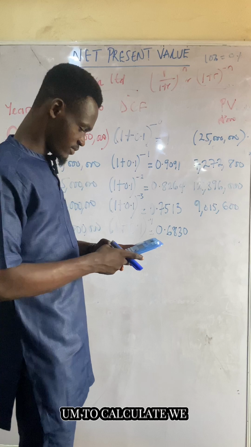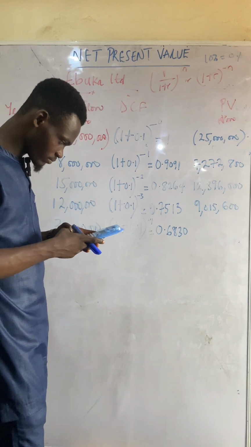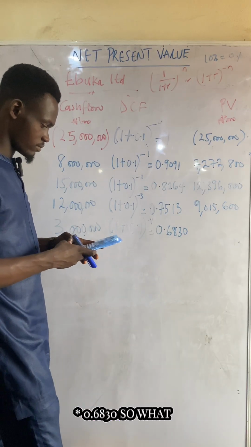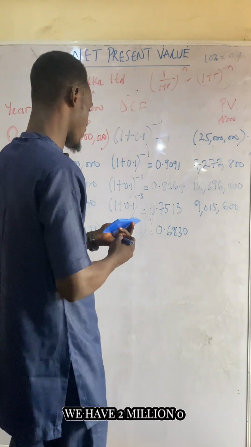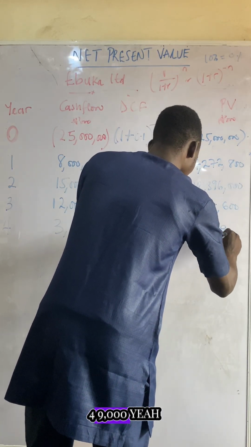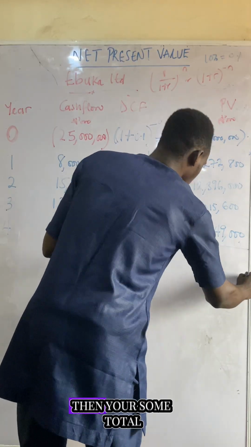Right, so to calculate, we have 3 million times 0.6830. So what do we have? 2,049,000. Yeah. Then your sum total.